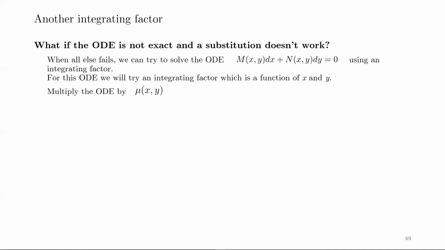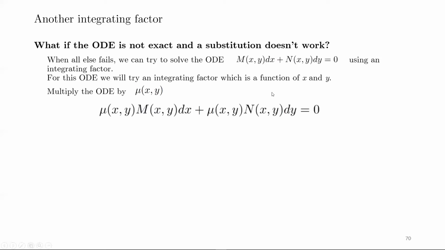And so the function I'm going to be multiplying by is this integrating factor. So we'll try to find an integrating factor which now depends on two variables, x and y. Our previous integrating factor only depended on the variable x, but now my new integrating factor is potentially a function of x and y.